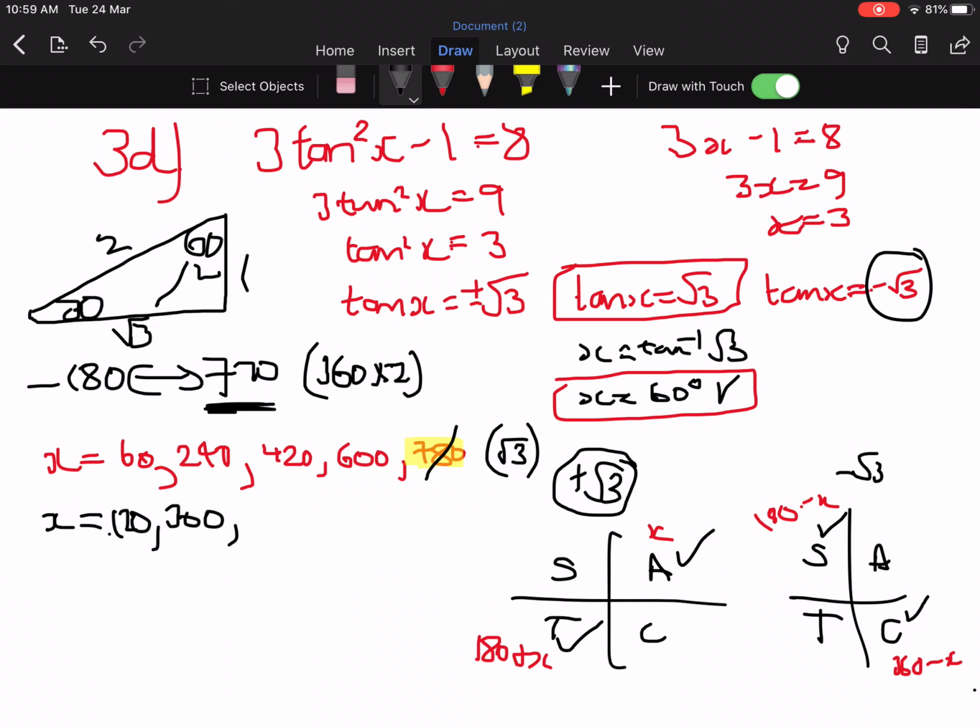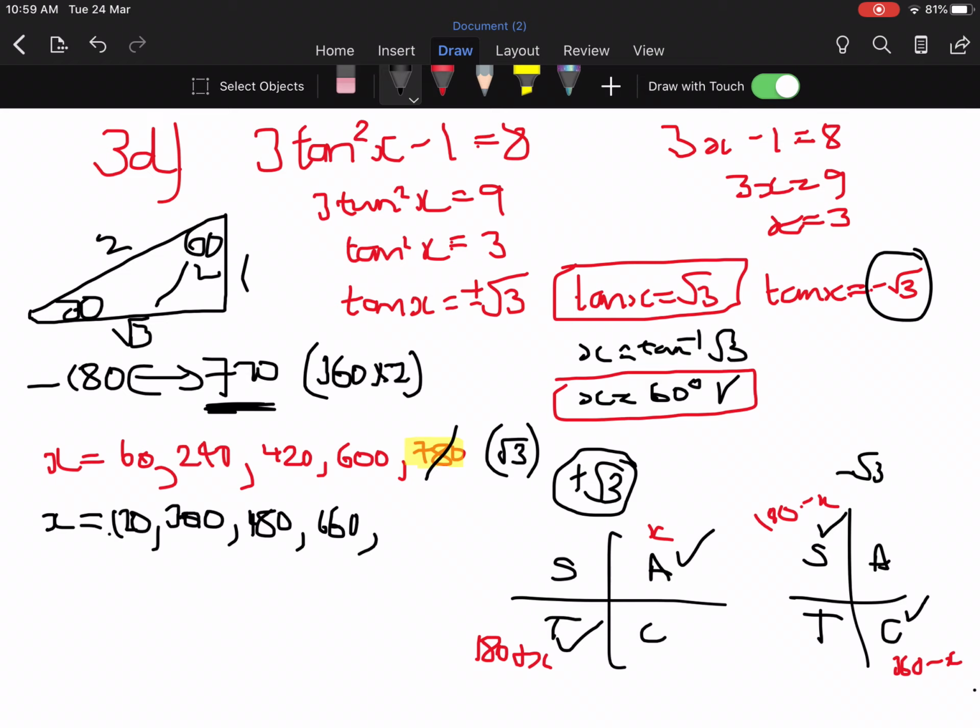Now, again, I've got to keep going in the cycles of 180. So if I do 120 plus 180, I get 300. If I do 300 plus 180, I get 480. If I do 480 plus 180, I'm going to get 660.